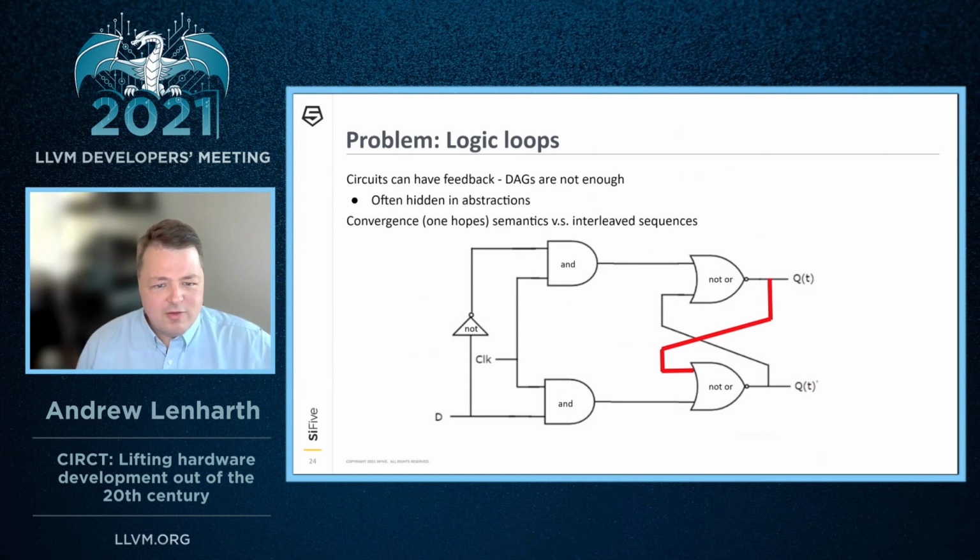So what this means is at the lowest level, your logic is not a DAG. So it's not trivially SSA. For a lot of design, we hide this fact behind abstractions so that humans can program these things. But if we're making a compiler in this space, this is a concern we need to deal with.